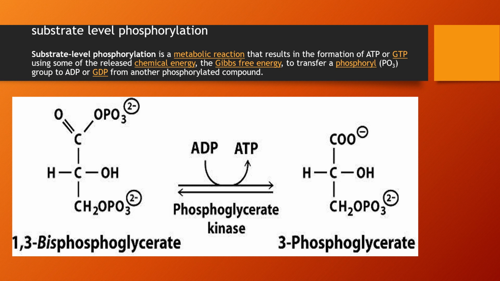That ADP becomes ATP and this one becomes the 3-phosphoglycerate. This is a typical reaction of the glycolysis. You can observe here ATPs are synthesized not by the electron transport chain but by the direct phosphorylation. If the ATPs are synthesized by the direct phosphorylation from one substrate to the ADP, that's called substrate level phosphorylation. This reaction can be observed in the glycolysis chapter.